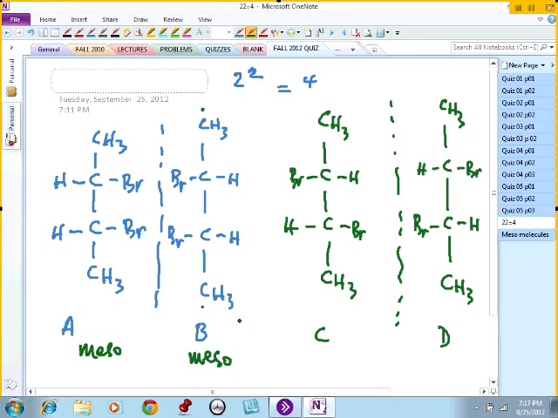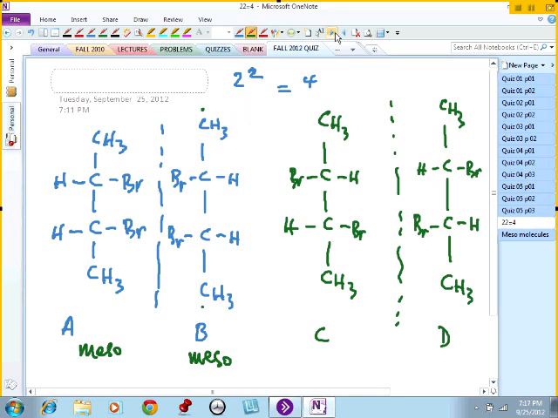So if I ask you, for this particular molecule here, how many stereoisomers are possible? It's no longer 4, it's 3, because of the existence of a meso molecule within this structure.